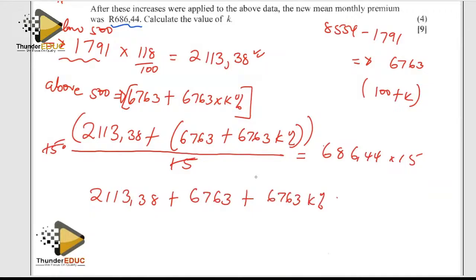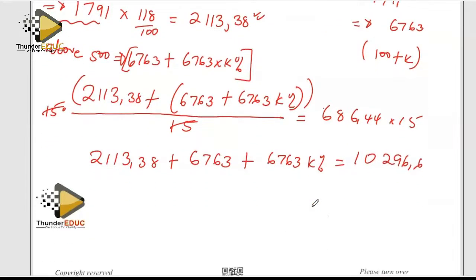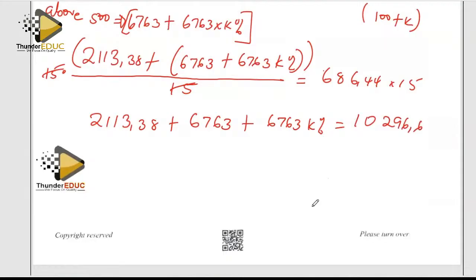What answer do I have there when I multiply 686.44 by 15? I'm ending up with 10296.6. Okay, let's just confirm that, 686.44 multiplied by 15 is 10296.6.